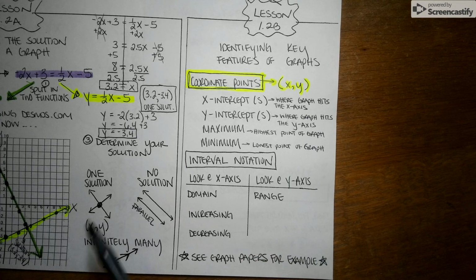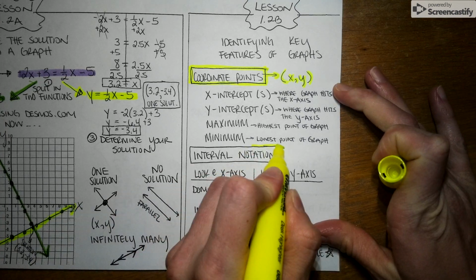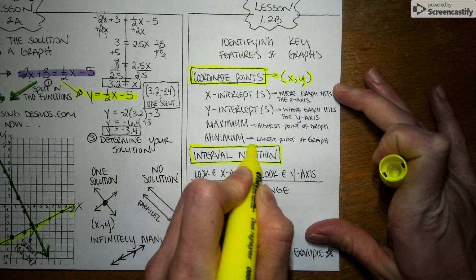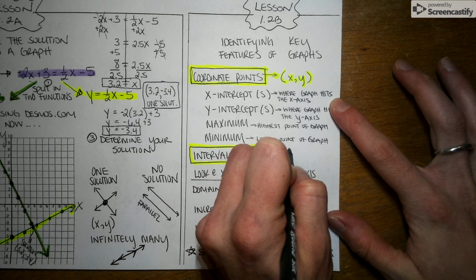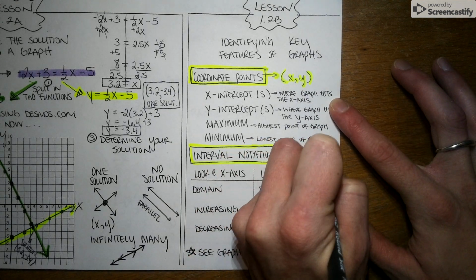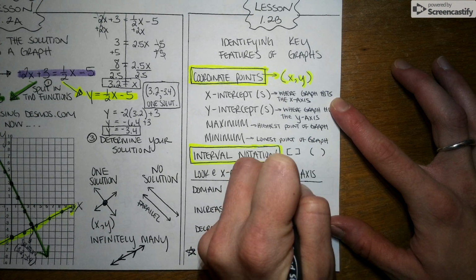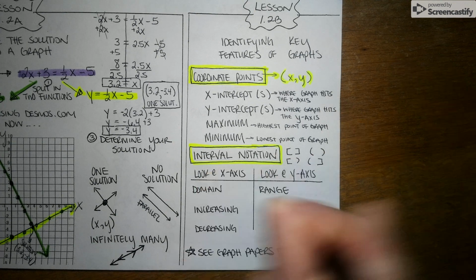The next four key characteristics then is where we use interval notation. So this goes back to one of the lessons in 1.1 where I first introduced you to the domain and range. And we talked about set notation versus interval notation. So for interval notation, remember you can use your brackets or parentheses or a combination of the two.